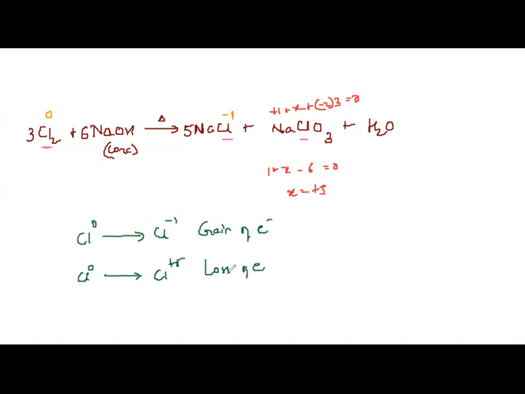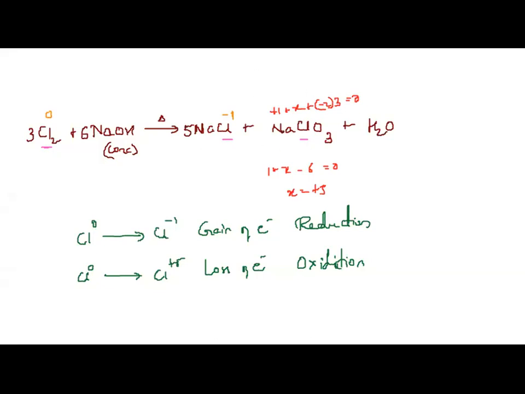Gain of electrons is called reduction, and loss of electrons is called oxidation. So one chlorine species itself is undergoing reduction as well as oxidation. Such reactions are called disproportionation reactions. I hope you have done it and you have got the same.